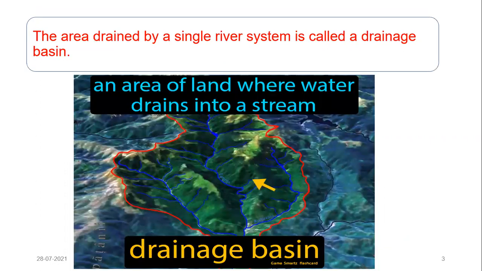The area drained by a single river system is called a drainage basin. An area of land where water drains into a stream is called a drainage basin.